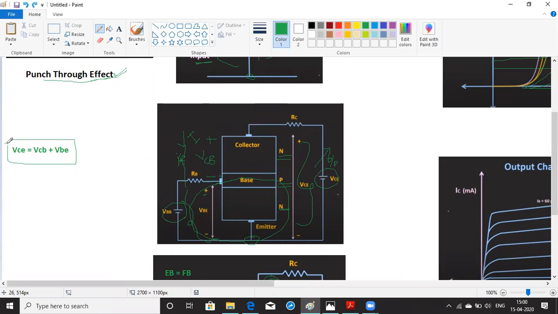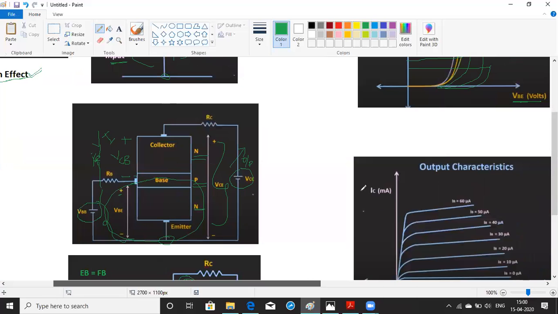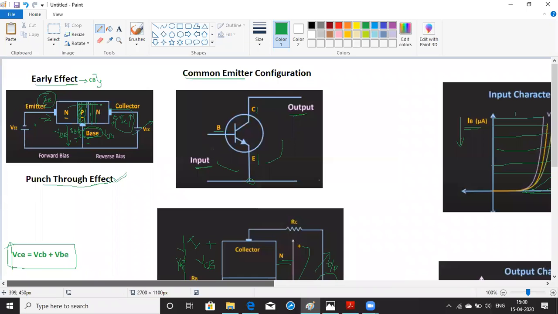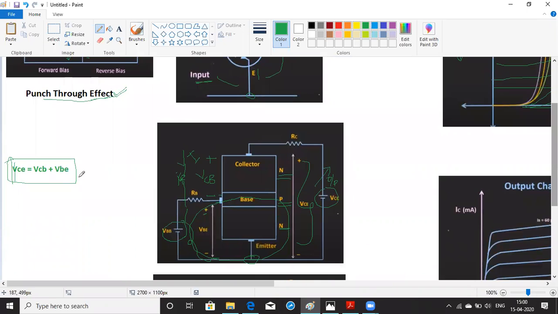So when VCE voltage is increasing from 1 to 10 volts or 10 to 20 volts, and VB remains constant, what happens? VCB will increase. If you consider this as a constant and VC is increasing, VCB will also increase.